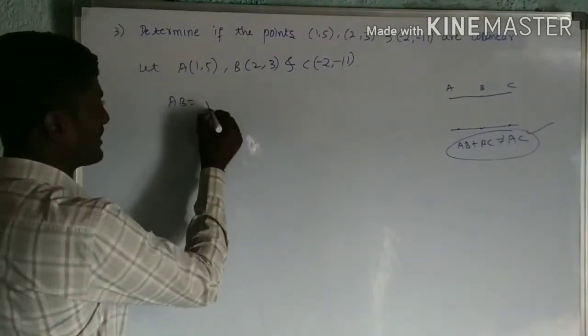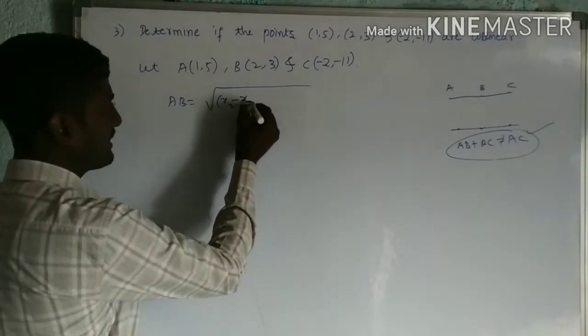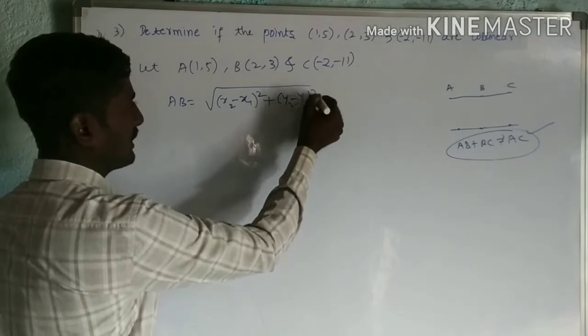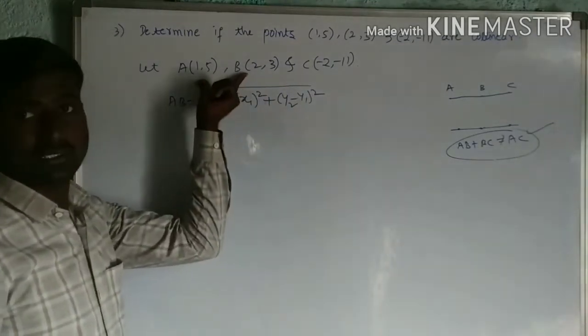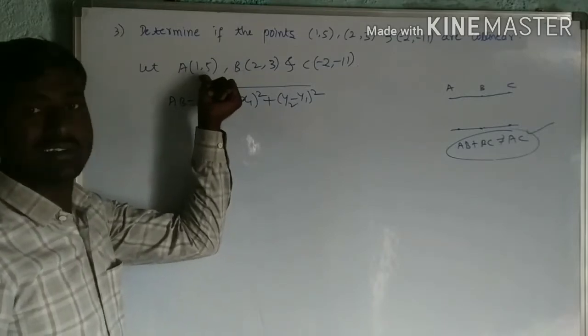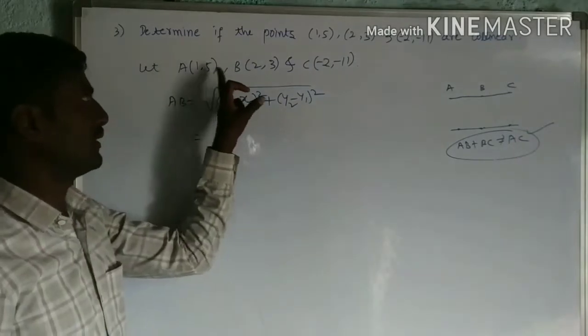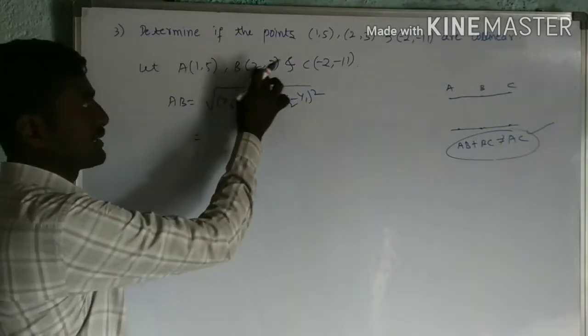Write the formula first: root of (x2 minus x1) whole square plus (y2 minus y1) whole square. For points A and B, I will take A as x1, y1 and B as x2, y2. Keep it in mind.